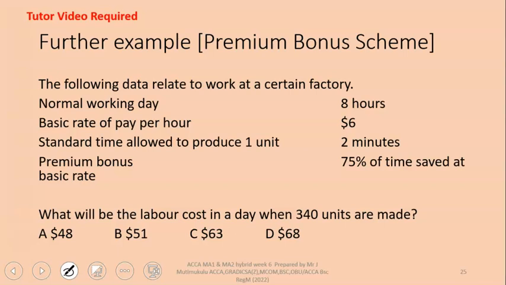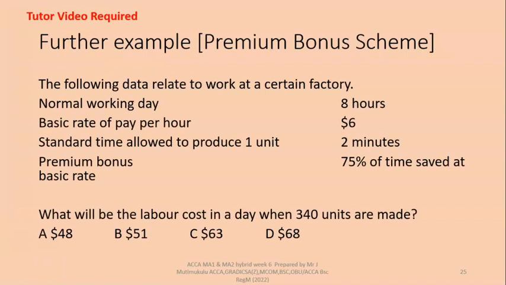So let's determine the minutes first. The minutes taken. Standard time is how much? The standard time allowed to produce 1 unit is 2 minutes. What about for 340 units?